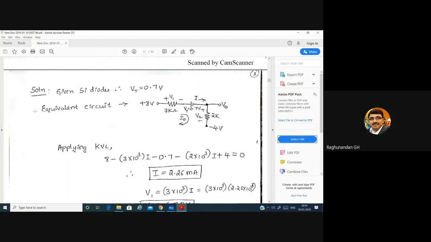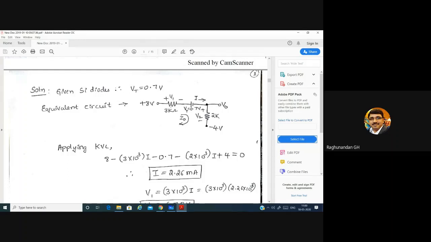In order to find the voltage across 3 kilo ohm, first we should know the current through this 3 kilo ohm, because we have the formula V equals I into R. If you know the current, then you can find the voltage easily, because voltage is the potential difference between the two terminals.